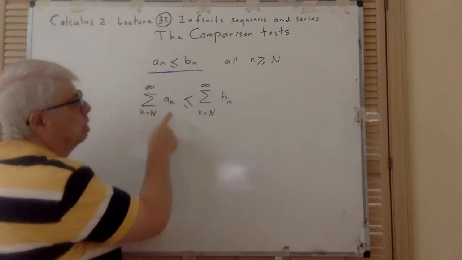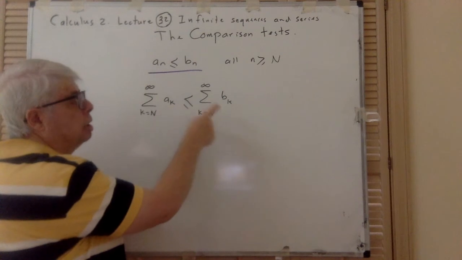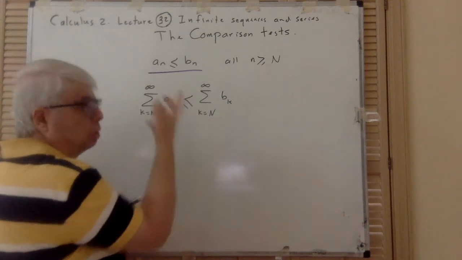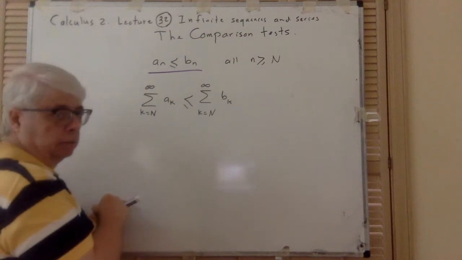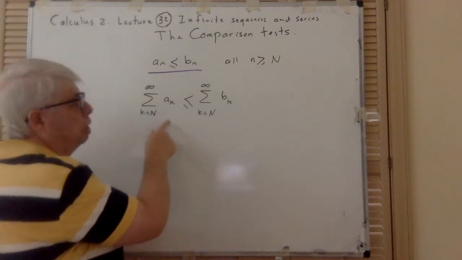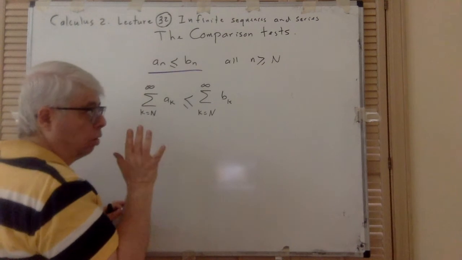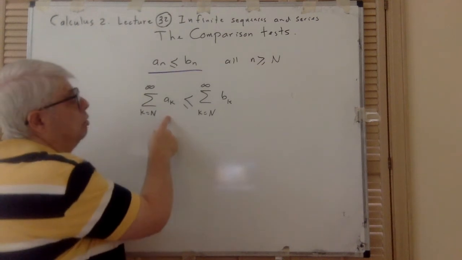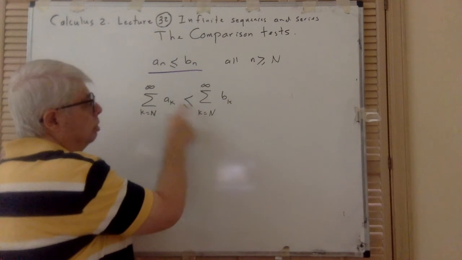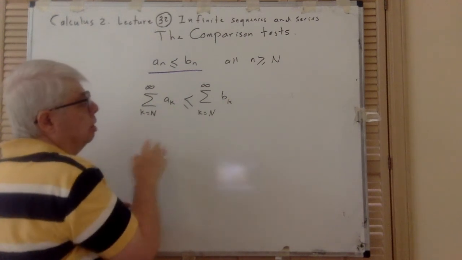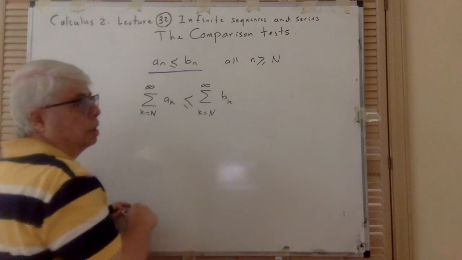Just common sense: if each term here is less than a term here, then when you add them, it is less than this. They are all positive. If each term a_k is less than the corresponding term b_k, then this sum is definitely less than this sum.